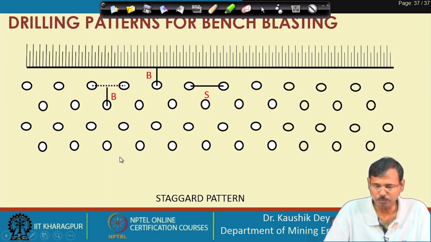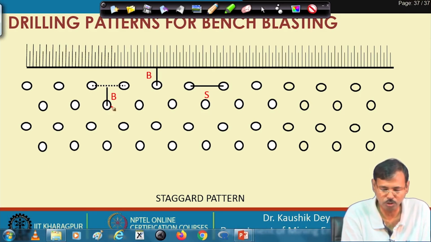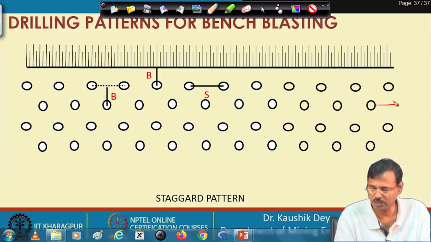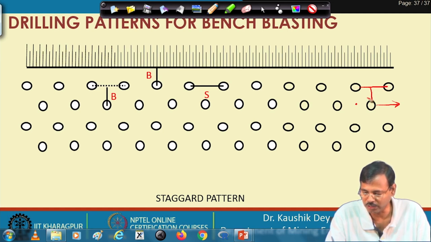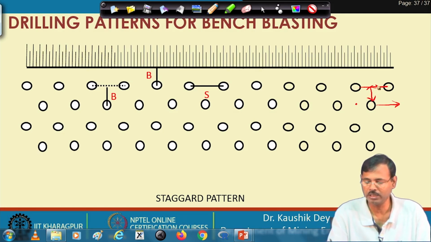Now, in the second type of drilling system, you can have the next row hole placed not just behind, but between the 2 holes of the front row. So, the second row hole is placed in the middle of the first row holes, and that is why a direct rectangle cannot be found.